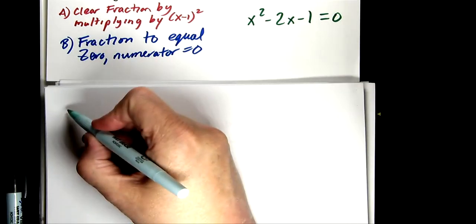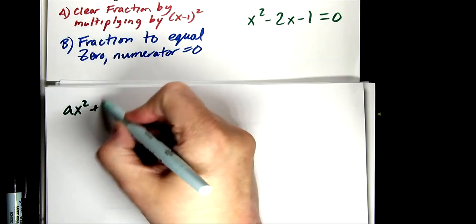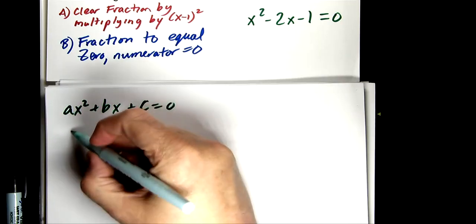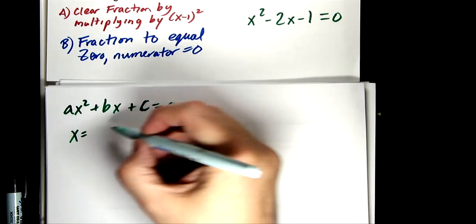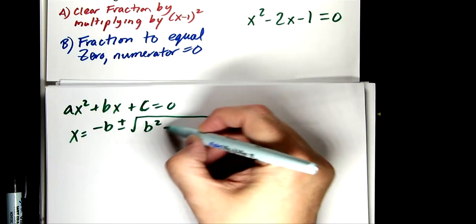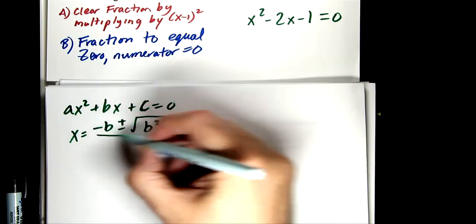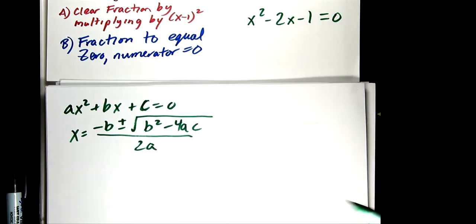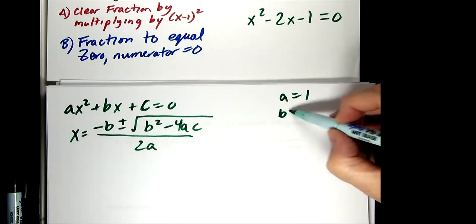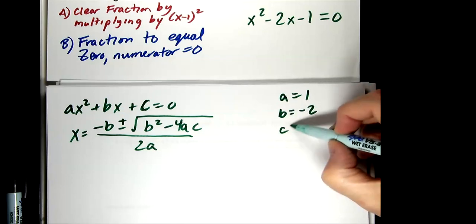It doesn't factor, so remember this is in the form ax squared plus bx plus c equals 0. And we can do the quadratic formula. Negative b plus or minus square root of b squared minus 4ac, all divided by 2a. Looks like here a equals 1, b equals -2, c equals -1.